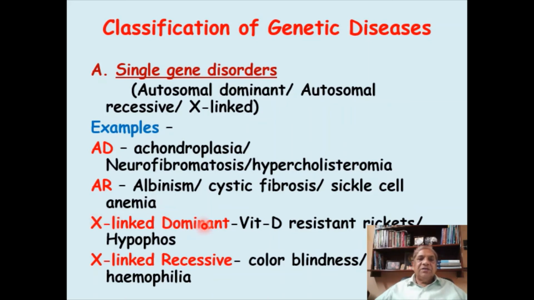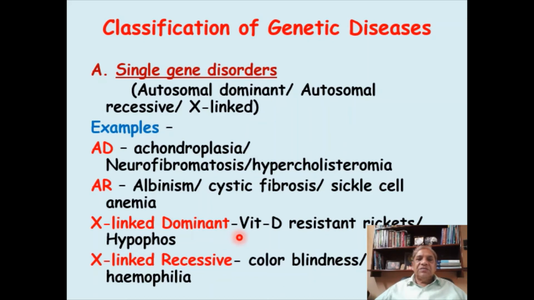Now, X-linked dominant, where the gene is sitting on the X chromosome. Autosomal means except the sex chromosomes X and Y, the remaining 44 chromosomes, 22 homologous pairs, are autosomes. I will deal in great detail with what an autosome is and what the X or sex chromosome is.